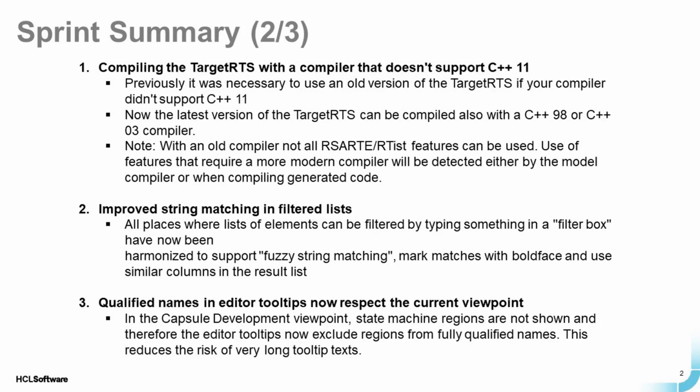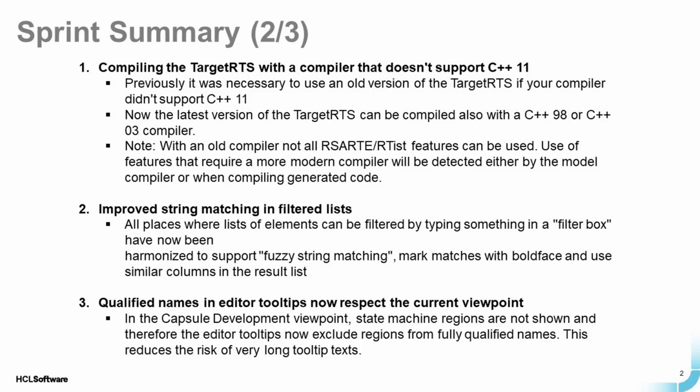Then we have worked on updating the target RTist to make it possible to compile it with old compilers that don't support C++11. As you know, previously it was necessary to stick to an old 11.0 version of the target RTist if you for some reason couldn't uplift your compiler to something that supports C++11.